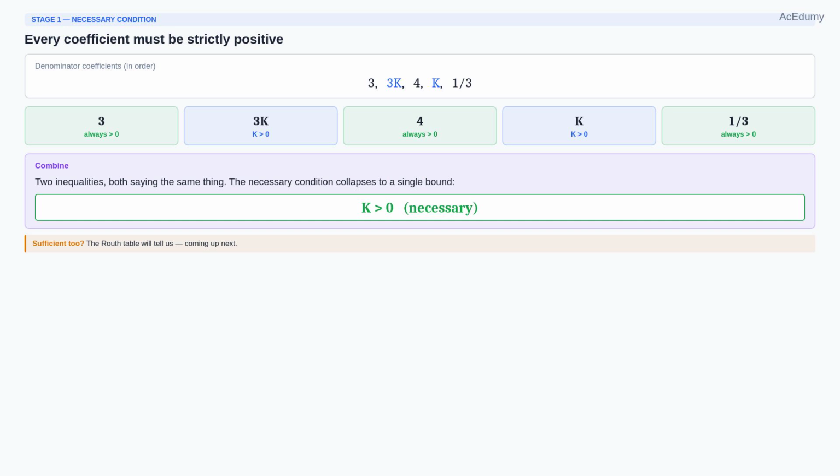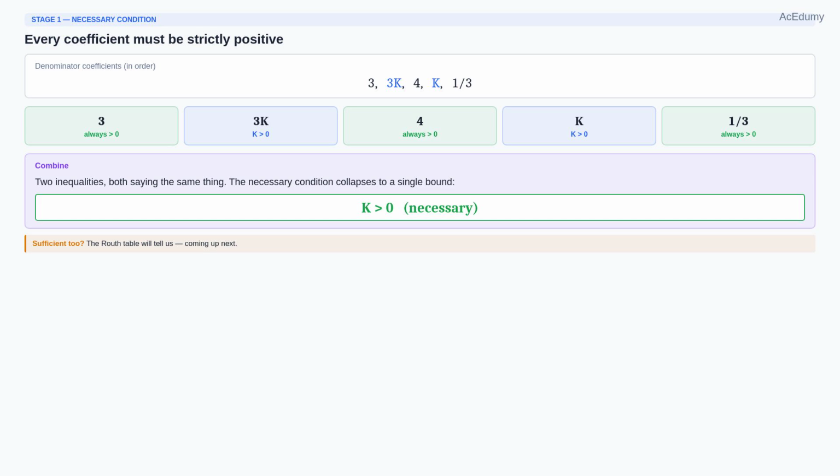For the necessary condition to hold, every coefficient must be strictly positive, same sign, no zeros. 3 is positive, always. 4 is positive, always. 1/3 is positive, always. 3k is positive when k is positive. k is positive when k is positive. Combine: the necessary condition boils down to a single inequality, k greater than 0.